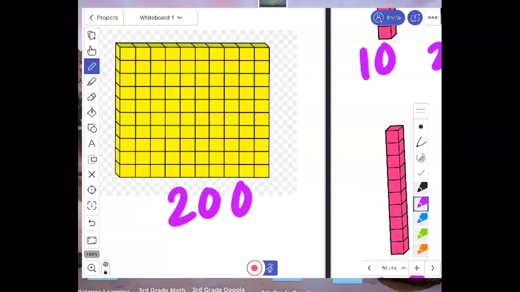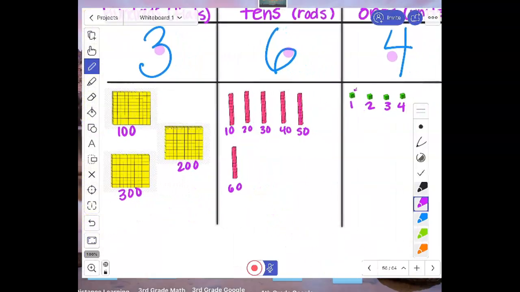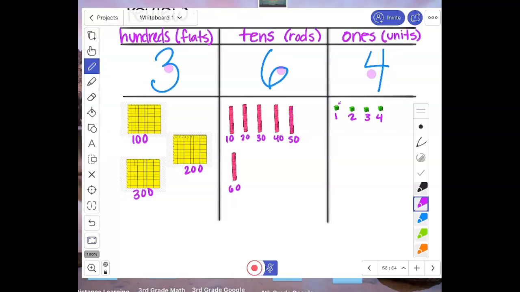You can see we have 1 rod, 2 rods, 3 rods, up to 10 rods, which if we skip counted would be 10, 20, 30, 40, 50, 60, 70, 80, 90, and 100. So if I'm looking at this number, I have 3 hundreds, 6 tens, and 4 ones.